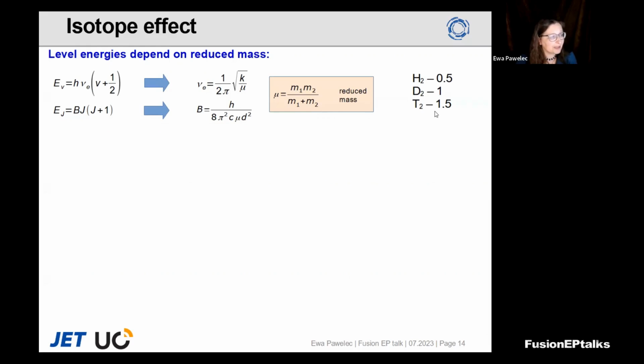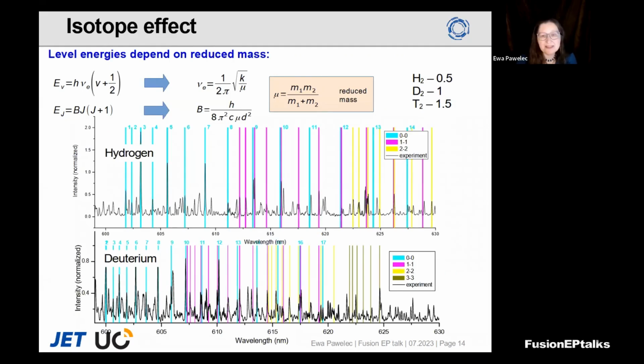Therefore, if you have the spectrum of hydrogen, this is a molecular hydrogen spectrum, the so-called Fulcher band, which is in the visible range, so we like it for that, around 600 nanometers, as you can see. And you can see that the lines here in hydrogen, from the same rotational transitions, from 0 to 1 and so on, have a certain separation.